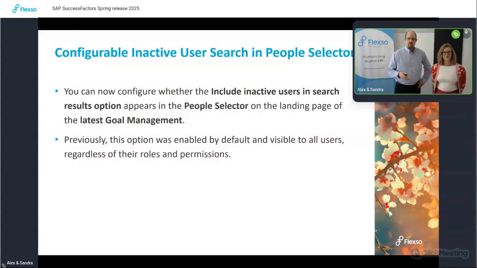This checkbox to search for inactive users was, however, enabled by default and visible to all users. For employees, it didn't make that much sense. If they didn't have direct reports, then this was rather causing questions. And now it was added that this is configurable, so that you can set for which role this should be shown.